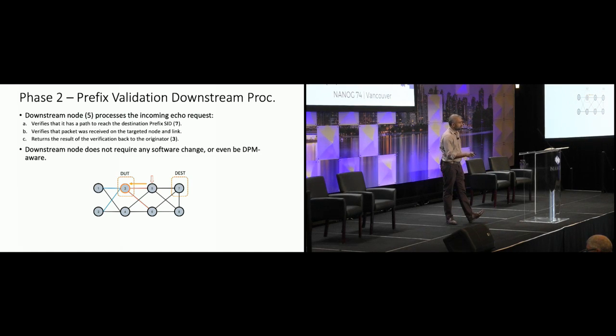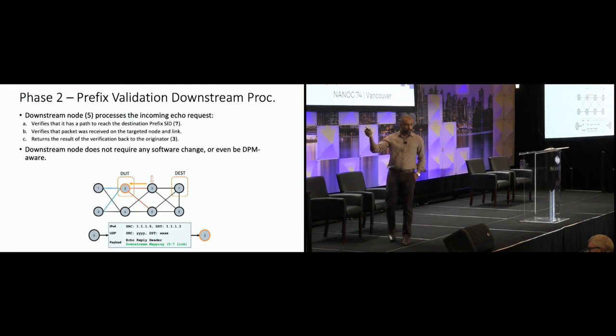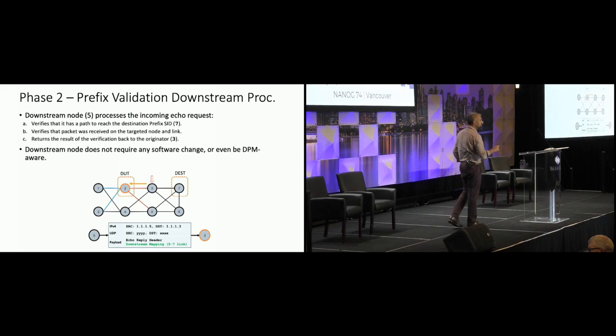We didn't mean to send a packet to node 6, and it somehow ended up at node 5, and it was received on the correct link. And this information, along with the information of the next hop from node 5, is sent back towards 3 in an echo reply. So this is standard echo reply here. Node 3 is not running DPM. It's not even DPM aware. From its perspective, it just received an echo request packet, and it is just replying to that echo request.